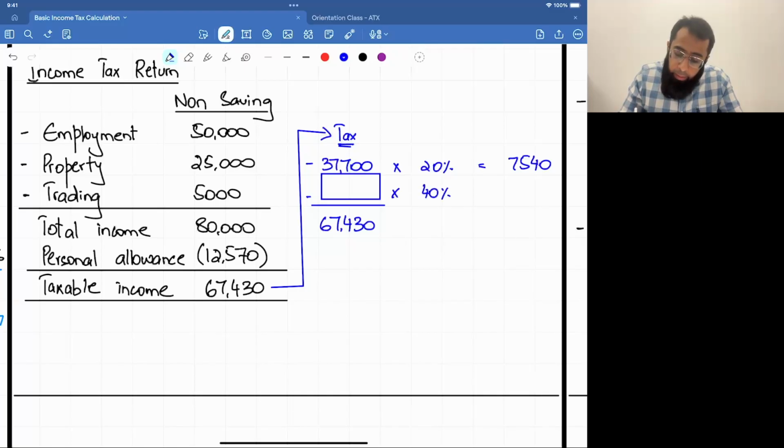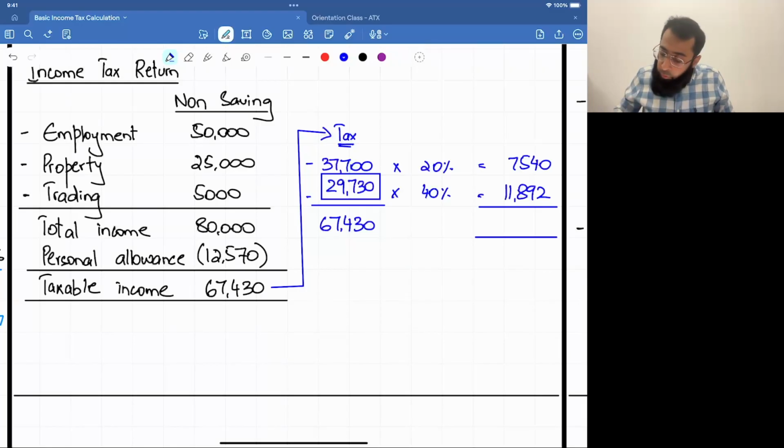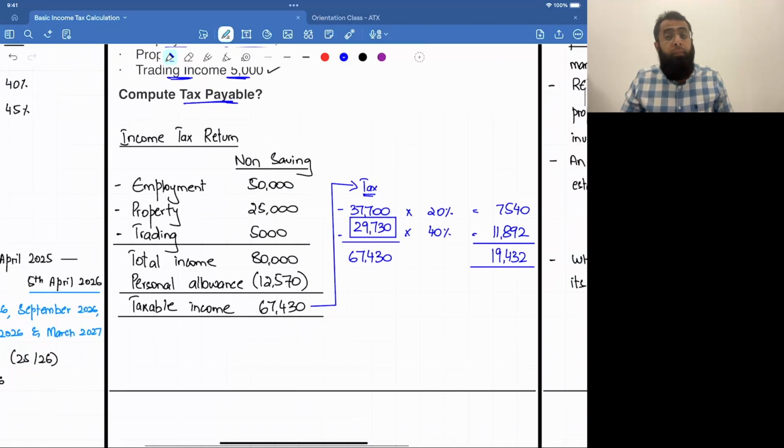It's the higher rate band on which you charge 40%. 67,430 minus 37,700 is 29,730. You will charge 40% tax on it, 11,892. You add 7540 to it, so it's 19,432 as your final tax.